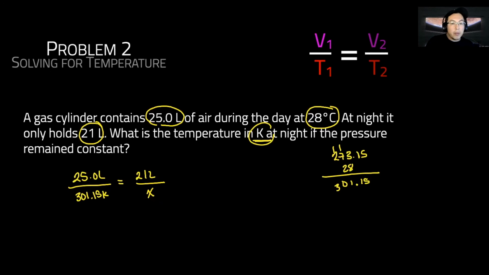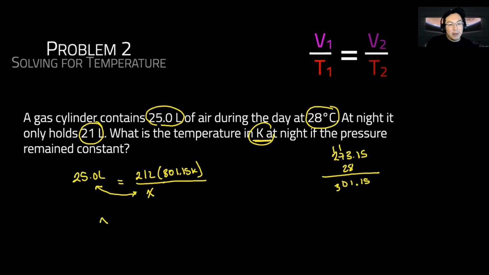Your math teacher is probably going to hate me because I'm oversimplifying this, but first we're going to send this number to the top. So we're going to put 301.15 K, and now we get rid of this number. Now what you need to do is just switch these two from place.